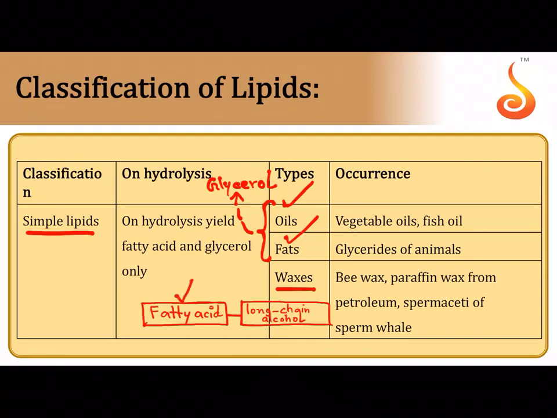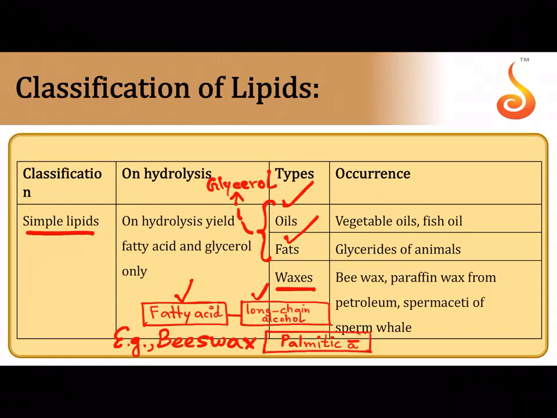In a wax, you have fatty acid which is connected not to glycerol molecule. Generally, we kept saying the alcohol that is found in fats is glycerol molecule. But in this case, instead of glycerol, there is a long chain alcohol. Let me give you the example of beeswax. In beeswax, the fatty acid is palmitic acid, saturated fatty acid.